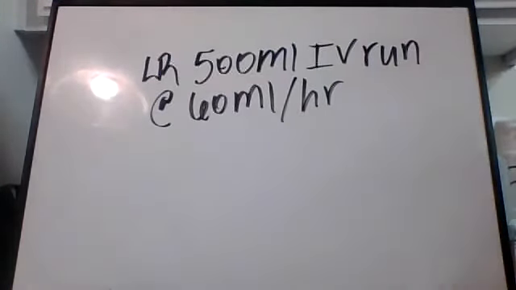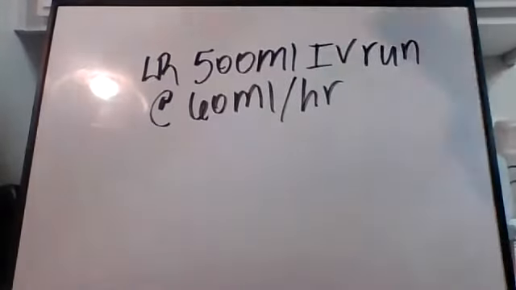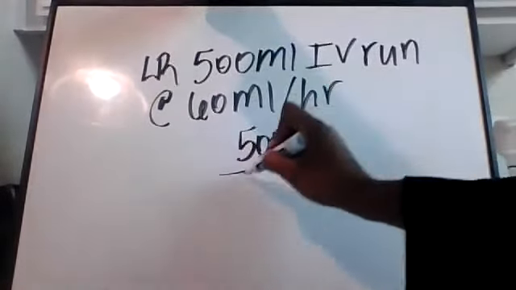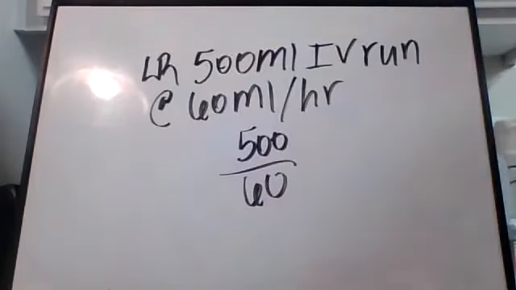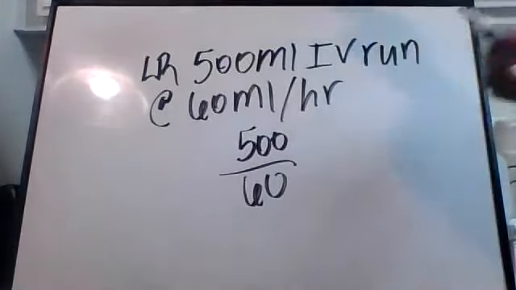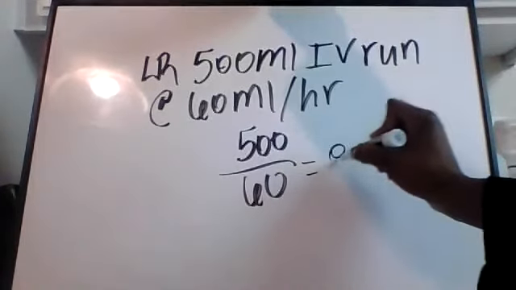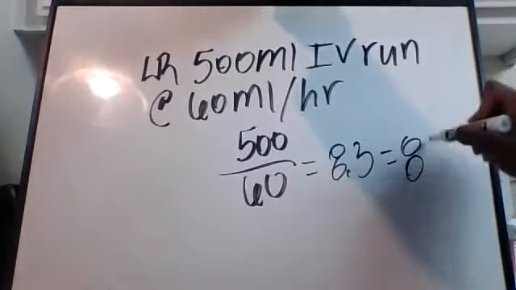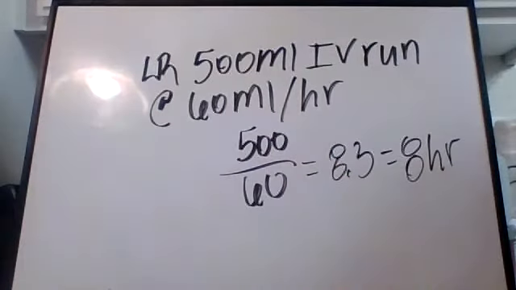This type of problem we work out the same way. We take our 500 divided by 60, and what do we get? We come out with 8.3. Round it to the nearest whole, which will be 8 hours. Right? Easy, easy.